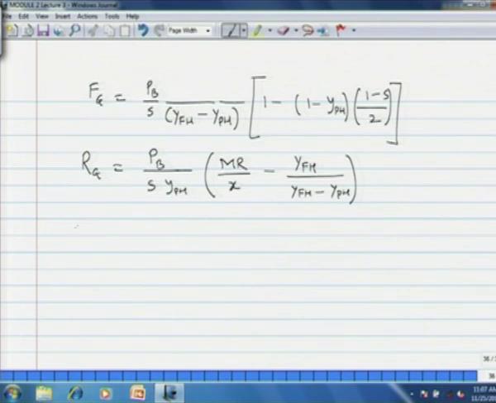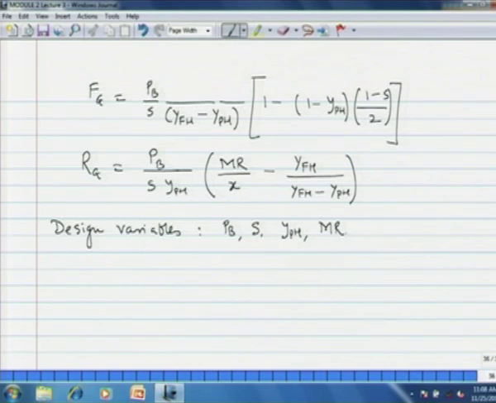So now we have all the material balance in terms of design variables Pb, S, YPH and Mr. Obviously the optimization will depend on these variables, which we will see in the subsequent lectures.